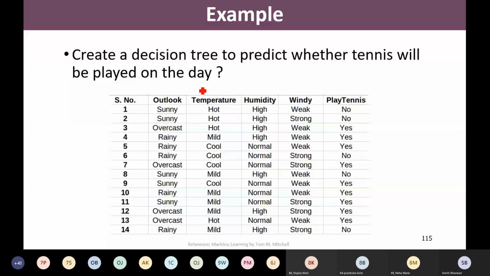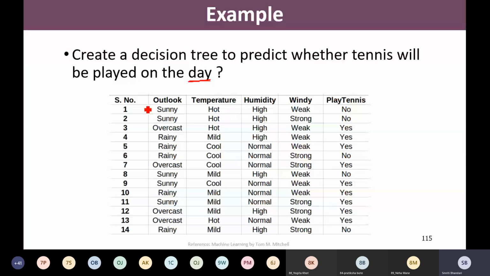Obviously, to play tennis, we need to look at some weather conditions. So how is the day being described? We need to describe the day with some parameters, with some features. So they have provided us this data.